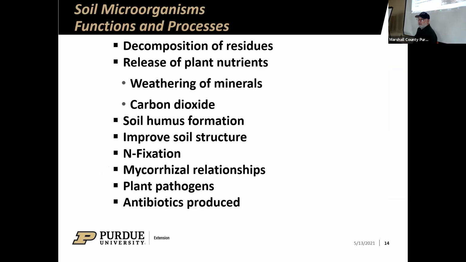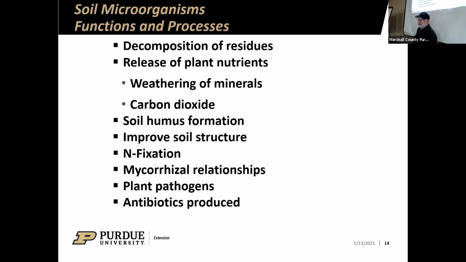So soil microorganisms are key in decomposition of residues, release of plant nutrients, weathering minerals, carbon dioxide, and soil humus formation as they're decomposing the organic matter. They help improve the soil structure, creating the components that help bind soils together to create those larger structures that allow air and water to move through our soil profile.